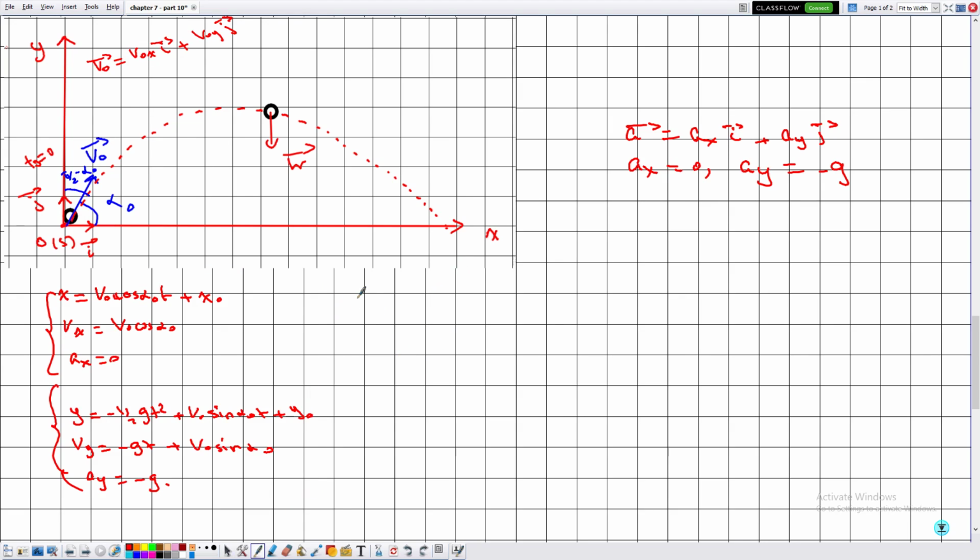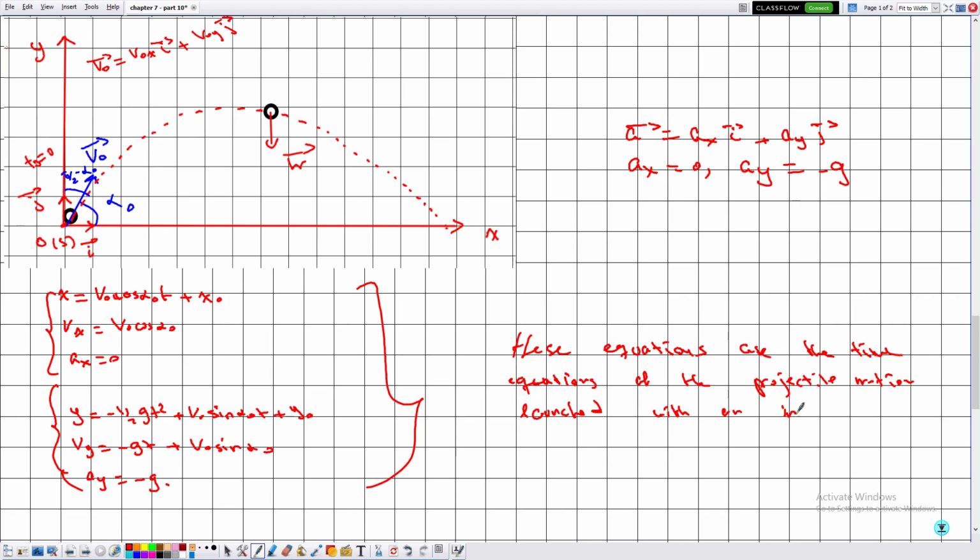So these equations are the time equations of the projectile motion launched with an initial velocity v0, okay, and with a shooting angle alpha 0.